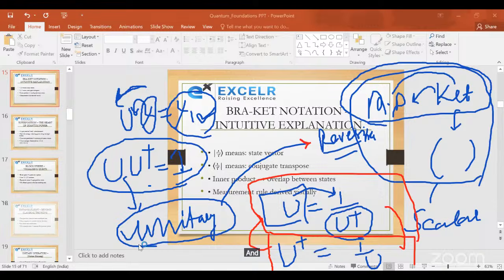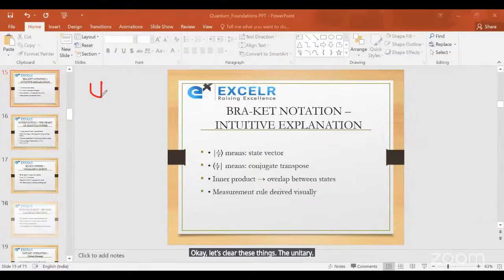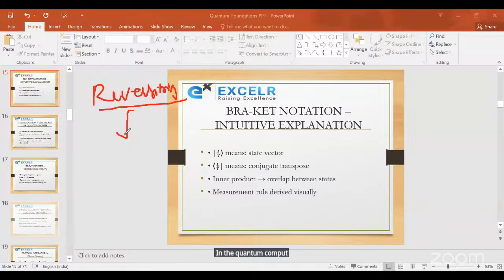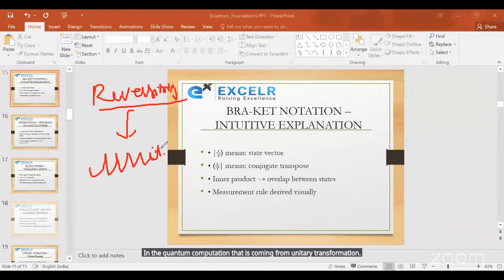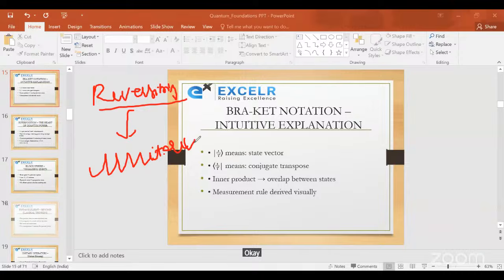You can start from this path. There is reversibility followed in quantum computation. Okay, let's clear these things. The reversibility in quantum computation is coming from the unitary transformation.